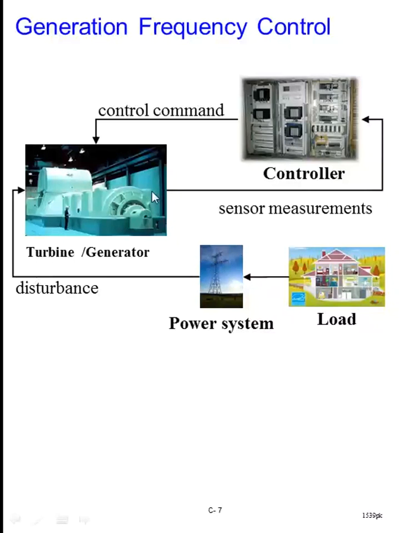Thus there is a measurement of the signal as feedback to the controller, which will manipulate the signal and feed the manipulated signal to the turbine generating unit. So that is, you can say, the overall operation for the generator control that we apply.